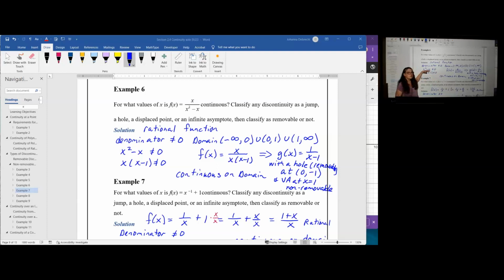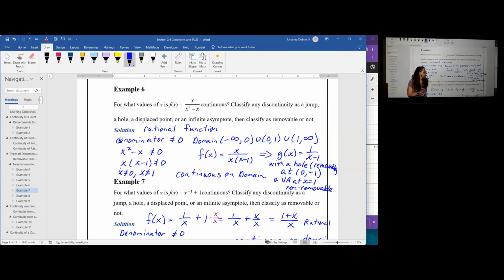So I take the original denominator, x squared minus x, say it's not 0, and factor it. This basically means that x cannot be 0 and x cannot be 1. I must have breaks in the graph at 0 and 1.